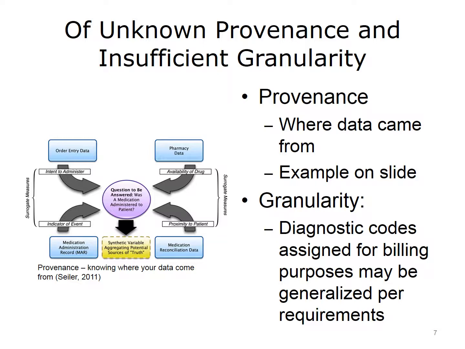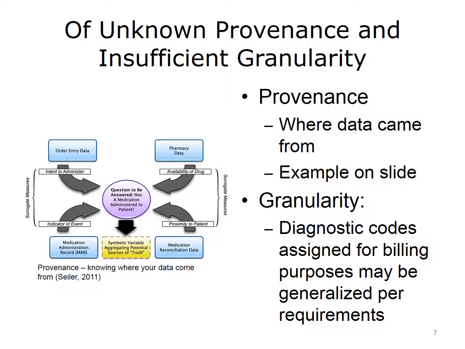There's also the medication administration record, which can be another indicator of the event. In addition, there's data from the pharmacy, whether the drug is available to be given. And finally, there's data used for medication reconciliation. None of these data sources is perfect, and they sometimes conflict. When we're using such data, we should know where it comes from.